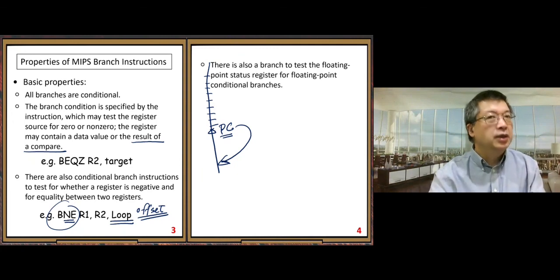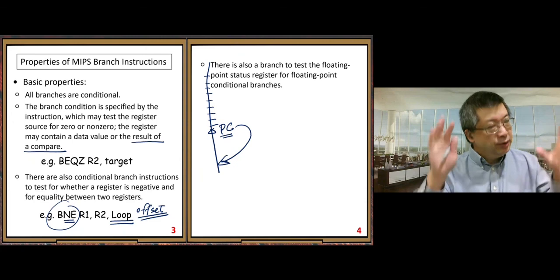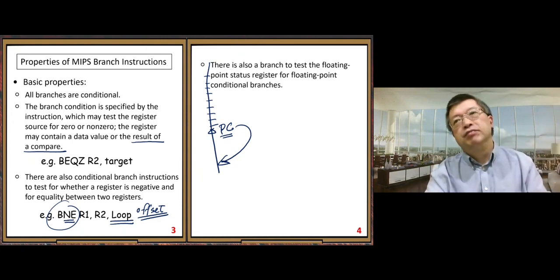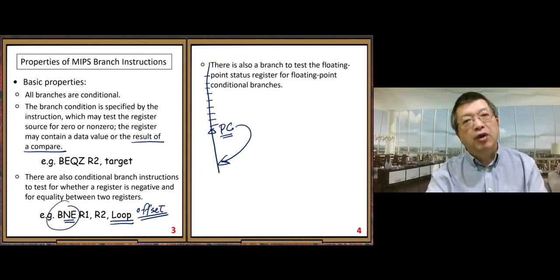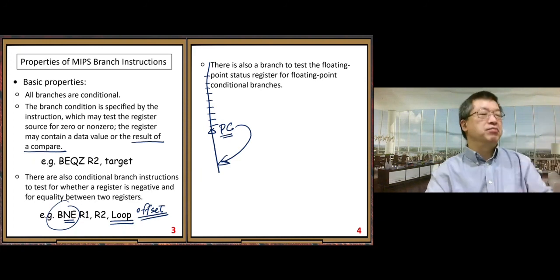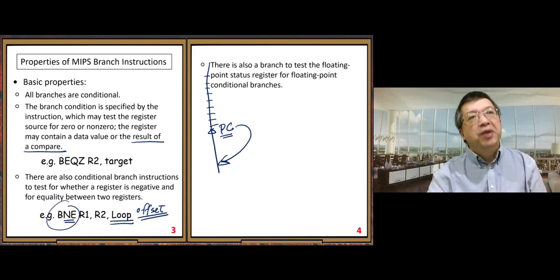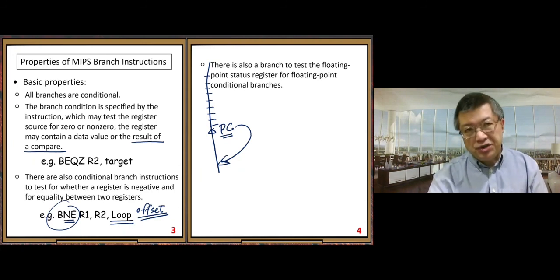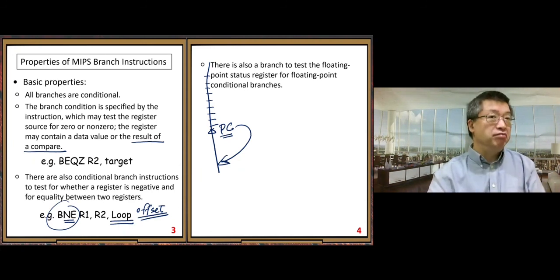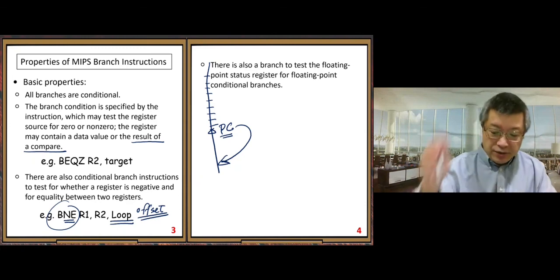We do not learn the details related to floating point branch instructions. So when we use examples, we only consider the integer value branch instructions, for simplicity. Okay. All right.